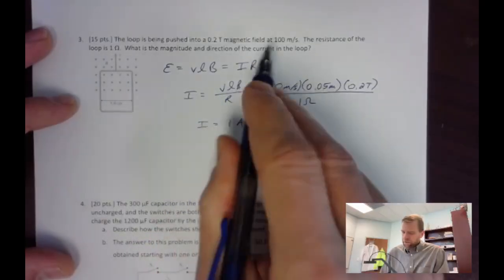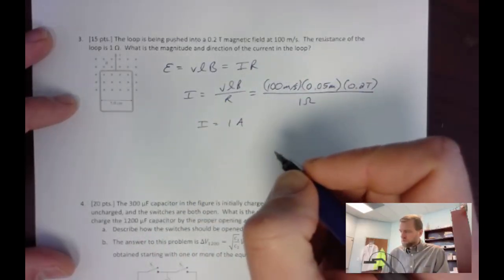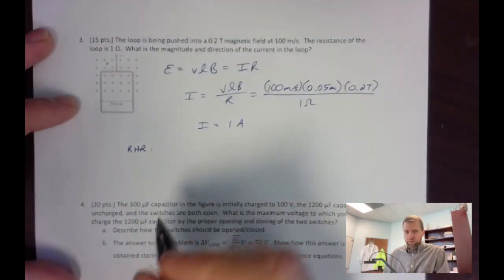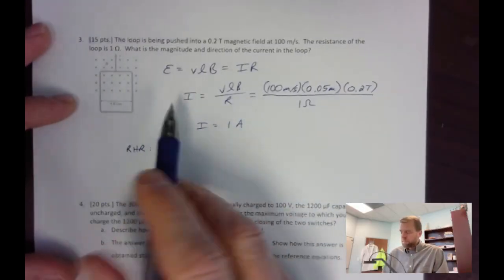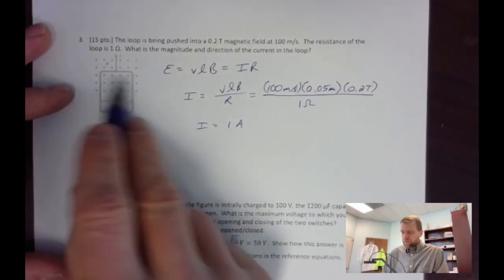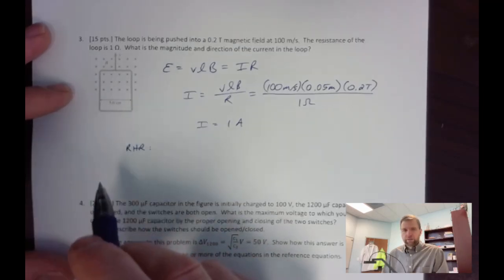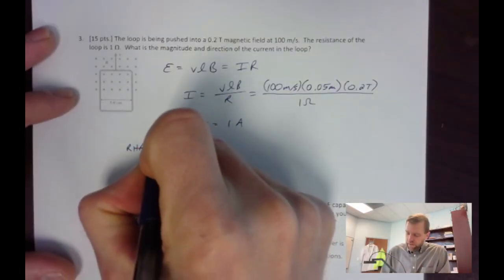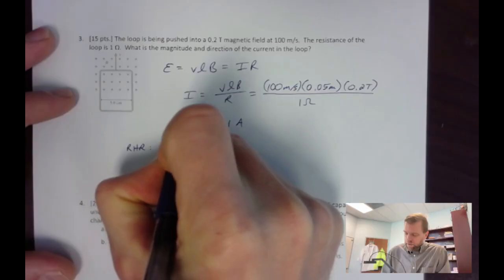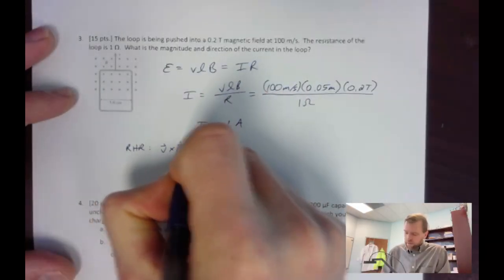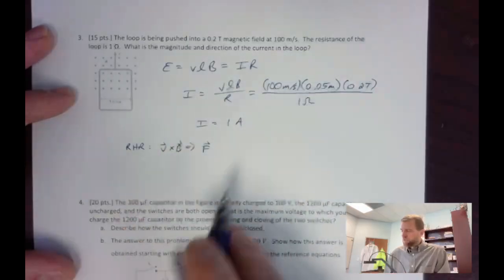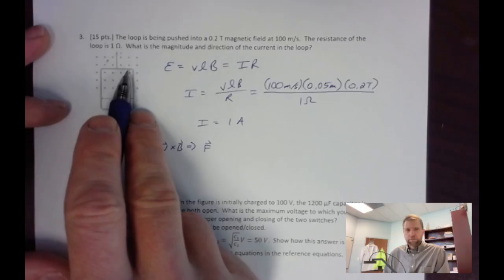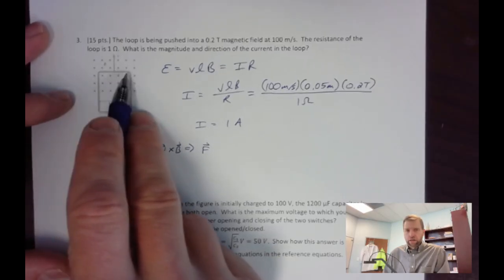Now, in order to find the direction, I have to apply the right-hand rule. We can apply it to this line segment or apply the right-hand rule for Lenz's law. Either way is appropriate. We want V cross B, which gives the direction of the force on the positive charge carriers in this line segment.